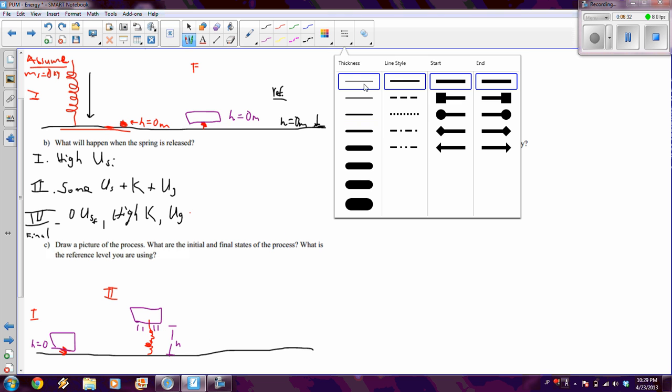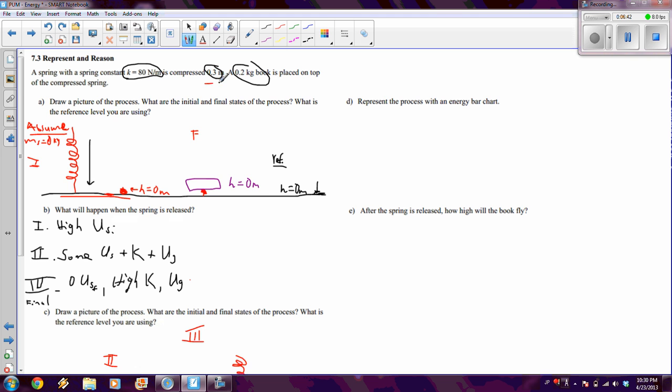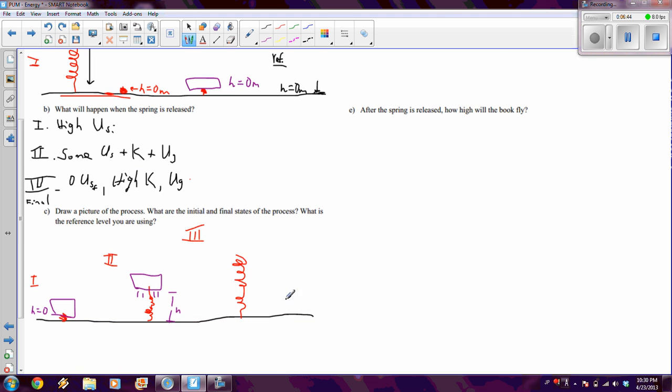And now in the final phase, phase 3, the spring is going to be no longer compressed at all. It'll be going back up to its 0.3 meters. So we do know what that height will be. You can actually write that down here. Height is equal to 0.3 meters.